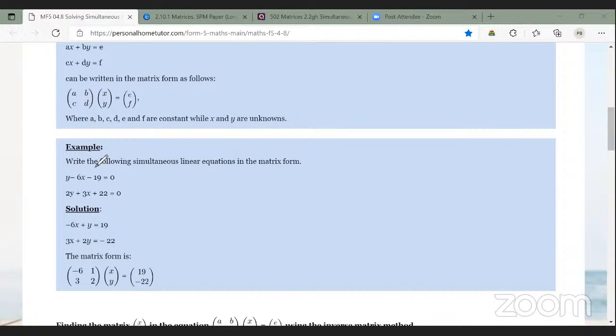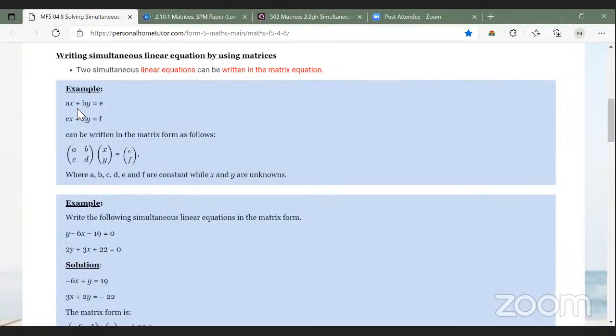So here you can see an example. Write the following simultaneous linear equations in the matrix form. So you have your equation here, and you can see it's not really in the standard format yet, because usually when you want to write your equations in the matrix form, you want it to be in the form like above, where you have it as x plus y equals to your value.